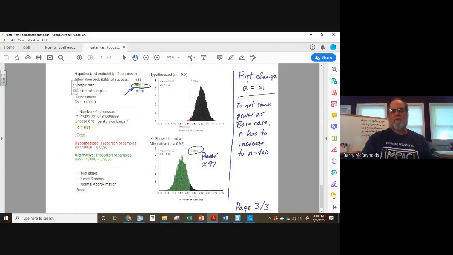So it's up to you. But that's the conclusion we draw: if we want a high significance level and a high power, then we have to take more samples. That's really the main takeaway I want you to take away from this particular example.